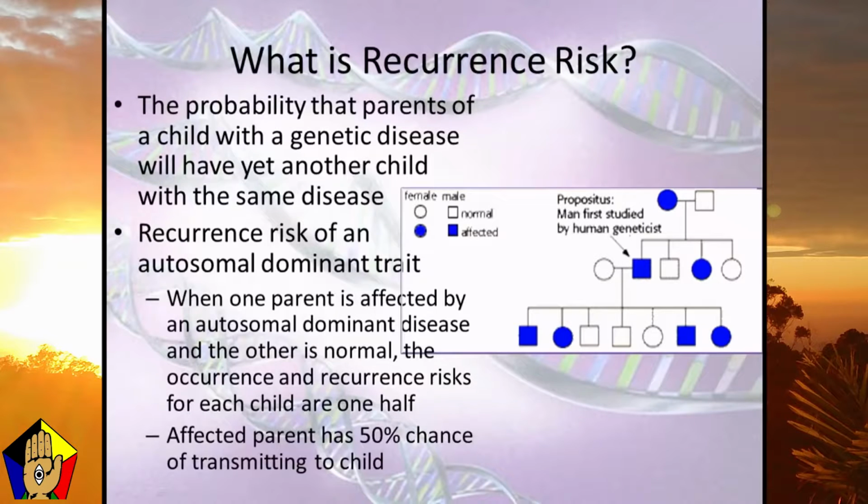When you look at the recurrence risk of somebody with autosomal dominant, a key to keep in mind is that it's basically a 50% chance that they're definitely going to get it. So if it's just one parent, let's say dad's perfectly healthy, not a carrier, but mom has the disease. She has one bad gene. That means 50% of her kids are going to have it, period. In the last example, I showed you both parents affected.